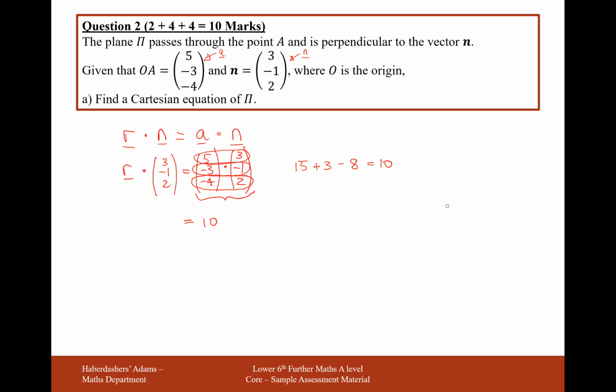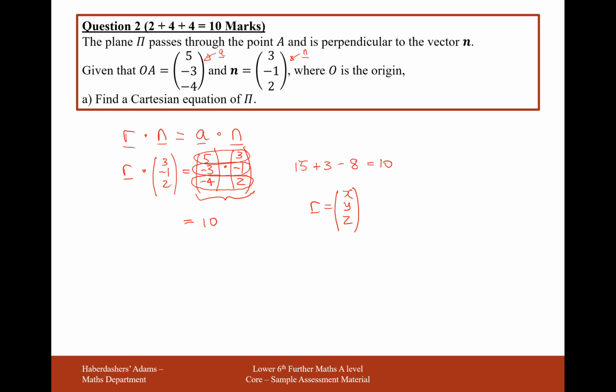Now for Cartesian form, we want something that looks like 5x plus, we want an equation basically. So what we're going to do here is replace r with x, y, z. Now x, y and z here are representing points on the plane.